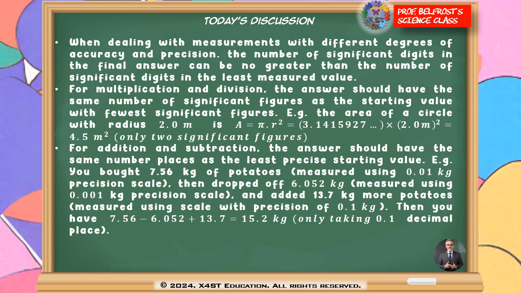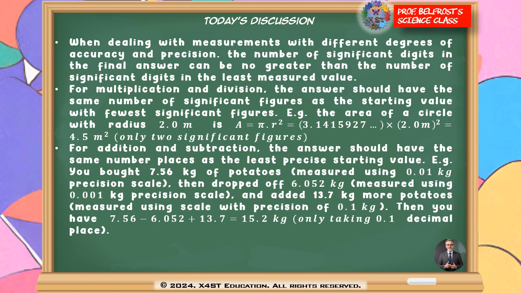Then in total we have 7.56 minus 6.052 plus 13.7. When calculating using a calculator, we have three decimal places, I mean, we have tenths, hundredths, and thousandths place.